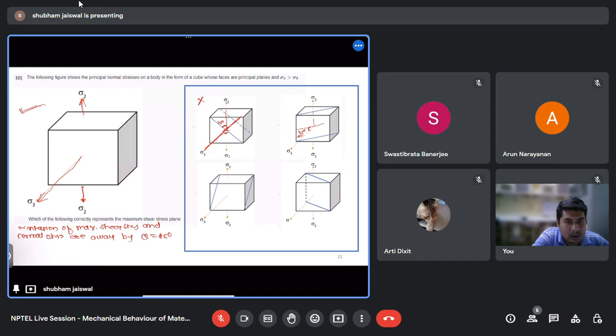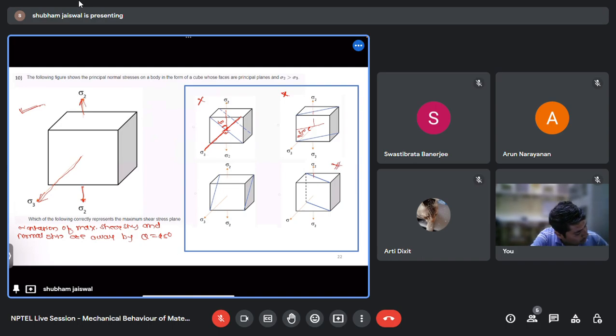So this can't be our option. Let's come to this one. Here also it is not making any angle with sigma 2 and sigma 3. So this can't be our option.